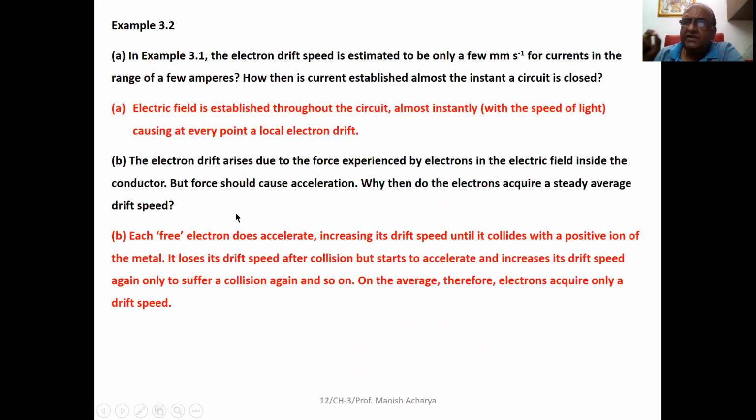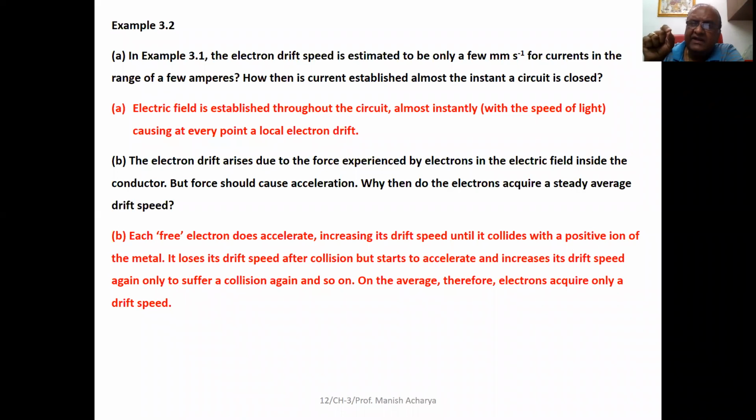Because when free electrons experience the force and are accelerated, during their accelerated motion they collide with other electrons as well as ions, and their velocity, or we can say speed, becomes instantaneously zero.